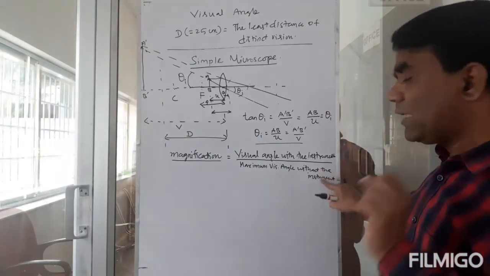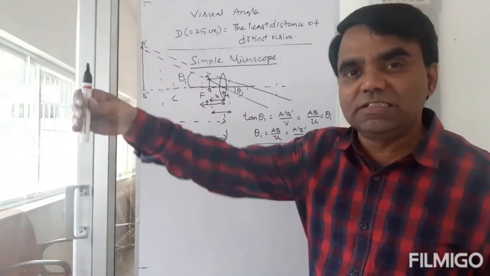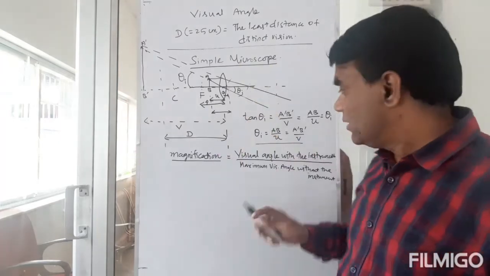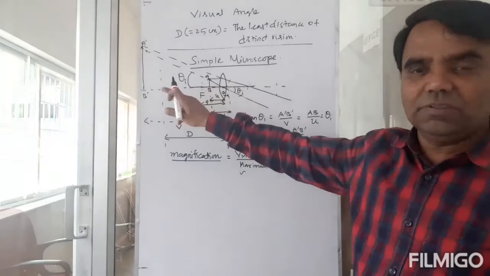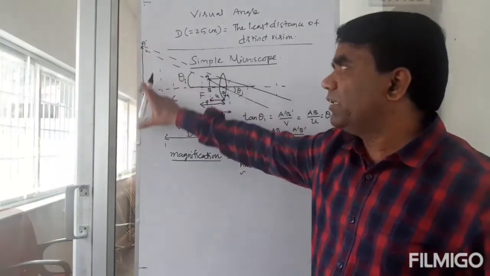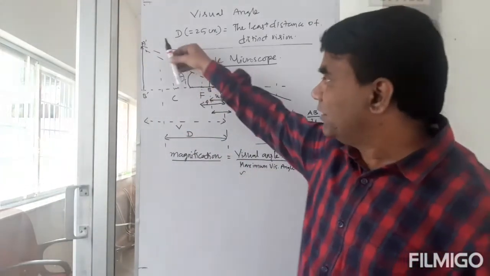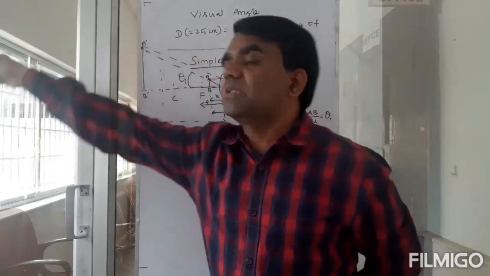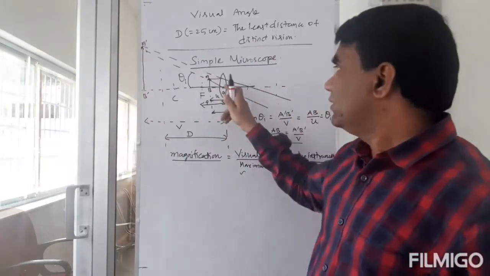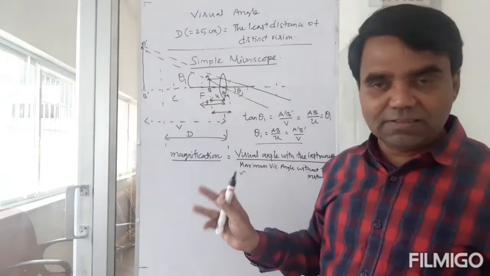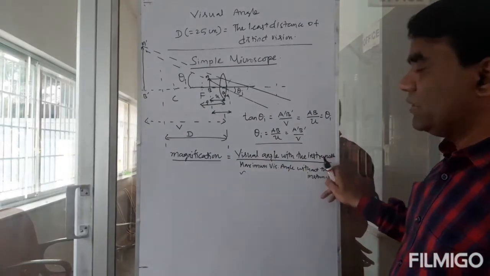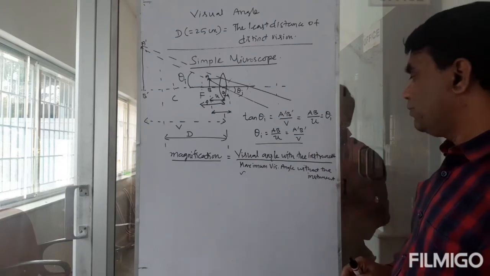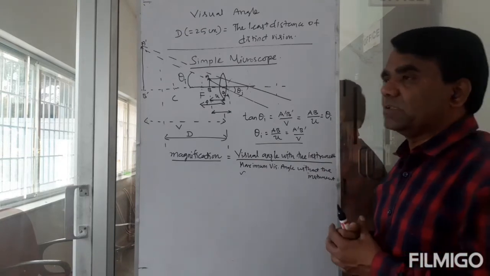Maximum visual angle without the instrument happens at D. And this is the visual angle with the instrument, and that will vary based on where you form the image, whether you form the image here or somewhere else. Depending on that, this angle will change. But notice that magnification is given by visual angle with the instrument divided by maximum visual angle without the instrument.